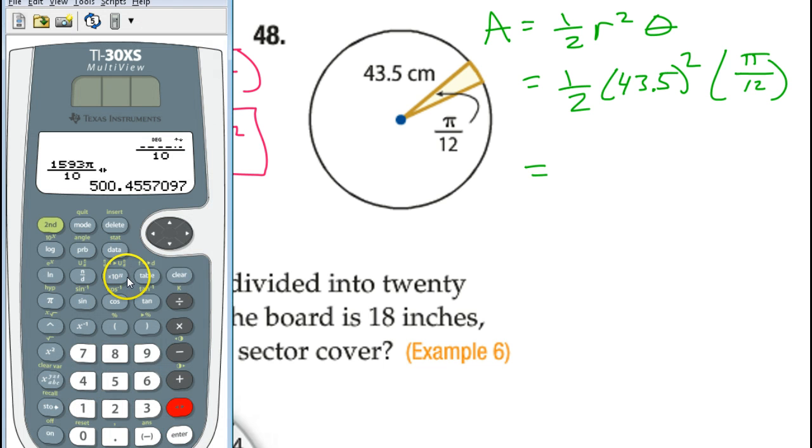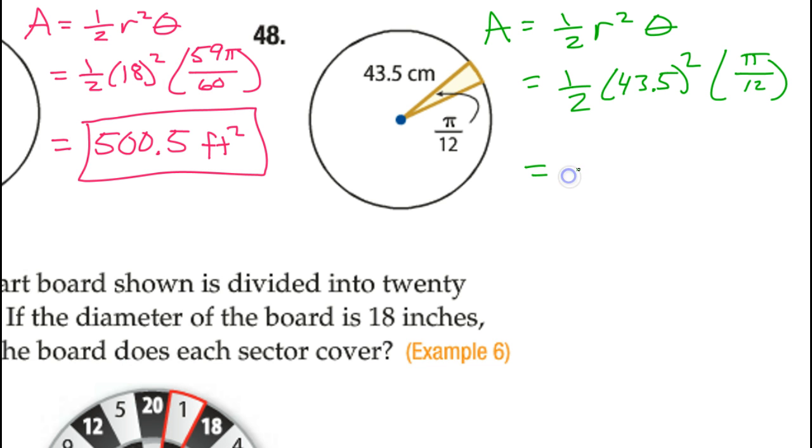So let's just work the calculator. All right, 247.7.